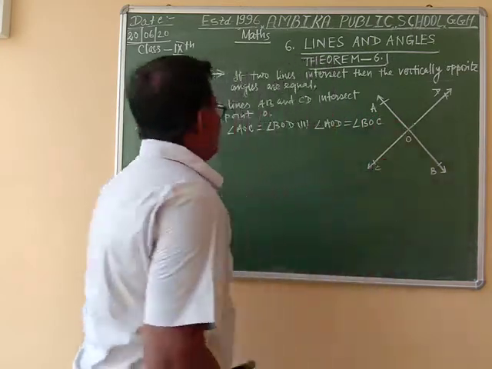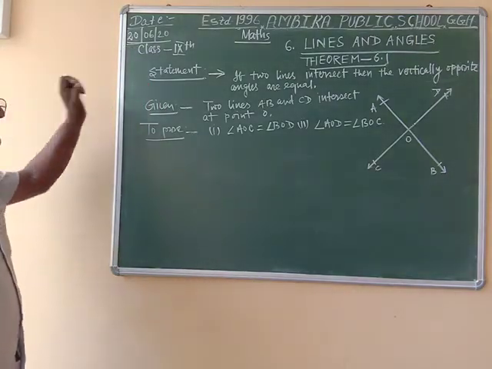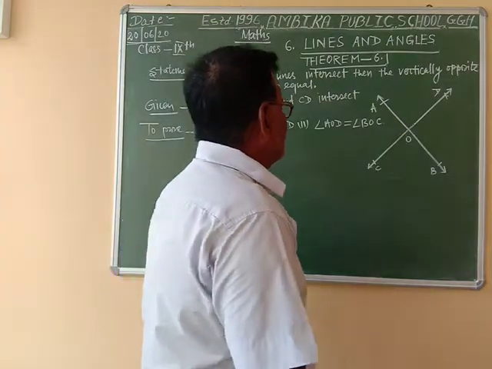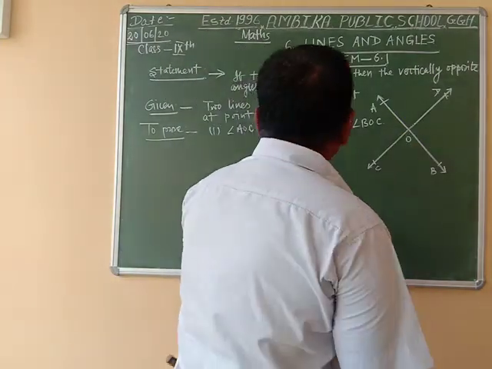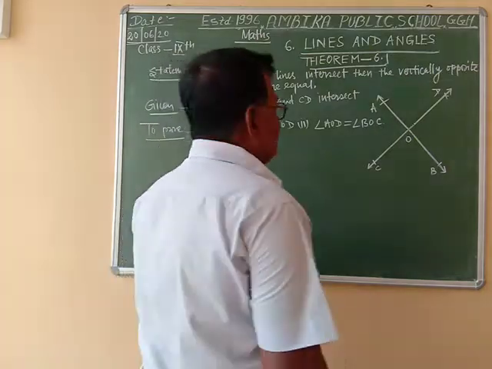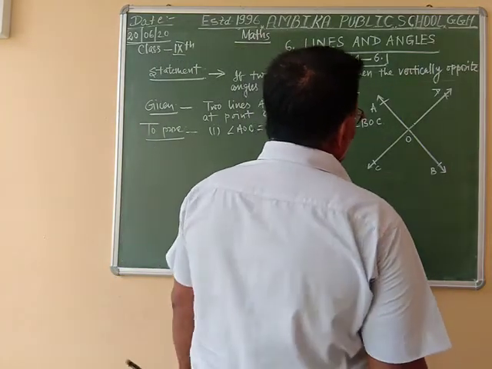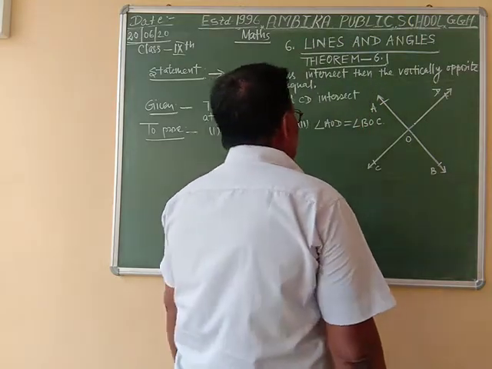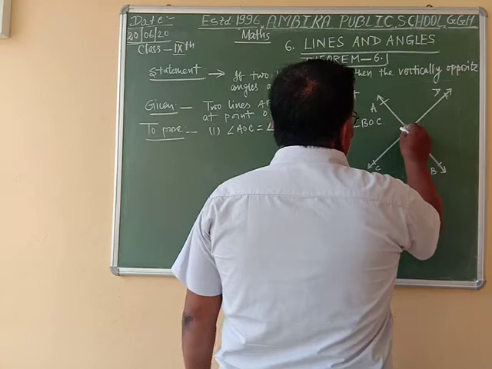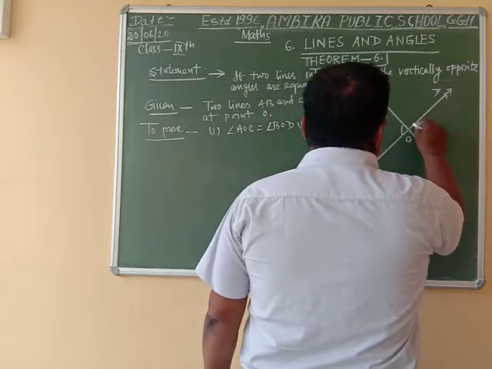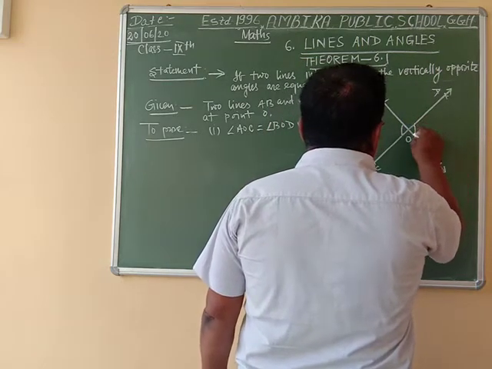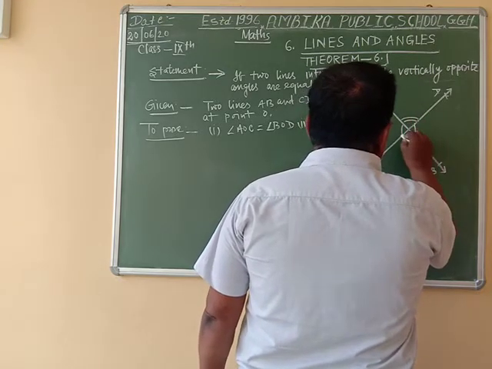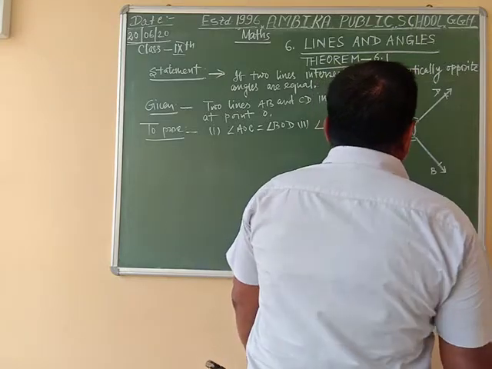We have to prove here: in the figure, AB and CD are two lines which intersect at point O, and four angles are formed: AOD, BOD, BOC, and AOC. Now you have to prove that angle AOC is equal to angle BOD, and angle AOD is equal to angle BOC.